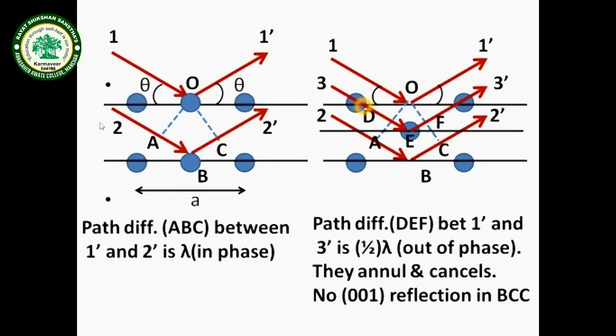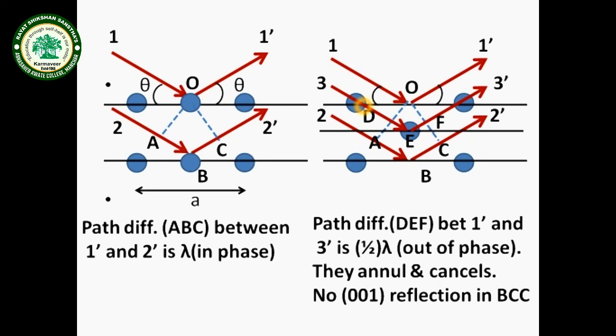For the same, we have shown this atom by this blue color, so first atomic plane and second atomic plane over here. So 1 and 2 are incident X-rays, 1 prime and 2 prime are the reflected X-rays.